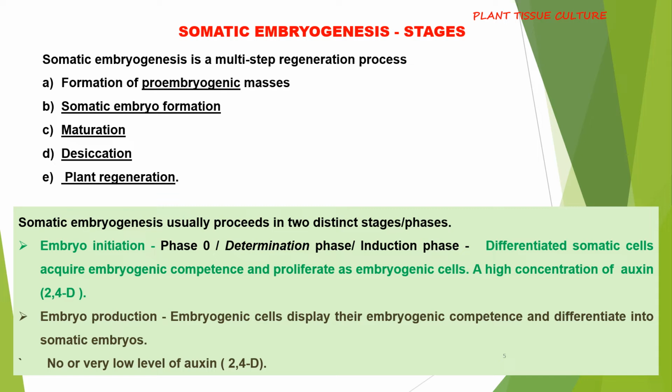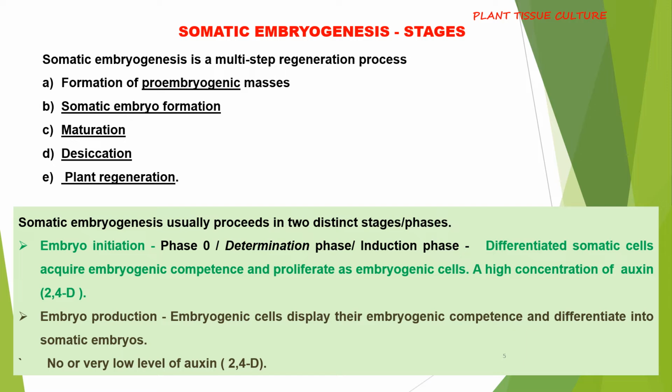Desiccation of somatic embryos leads to dehydration of embryos to varying extents and improves their efficiency in germination. In some cases, these embryos are partially dried in high humidity. Desiccation is believed to break the dormancy of the somatic embryos and also promotes accumulation of nutrients like proteins which are utilized during germination.